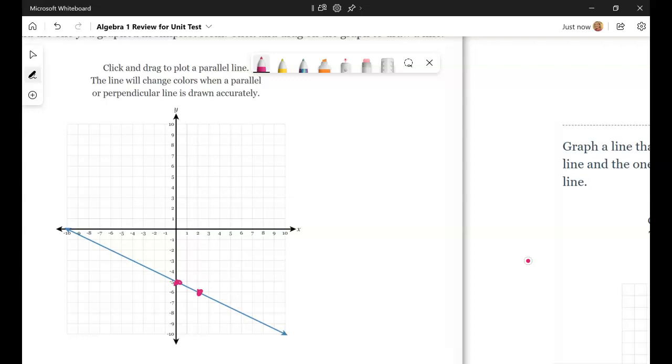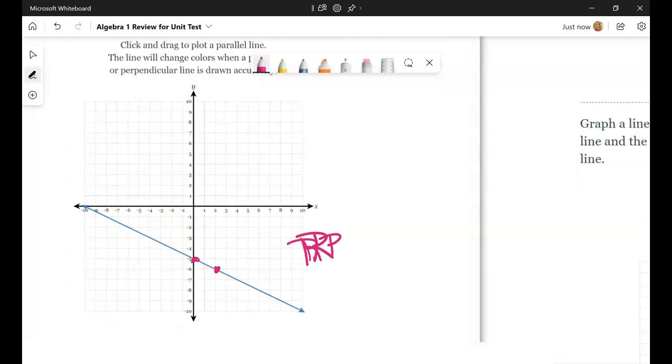Remember that slope is the rise over the run. What's that look like it's going to be in this problem? Minus 1 over 2. So this slope is -1 over 2.